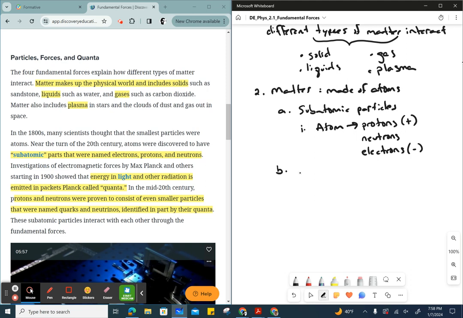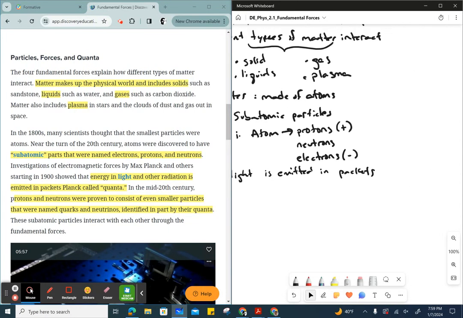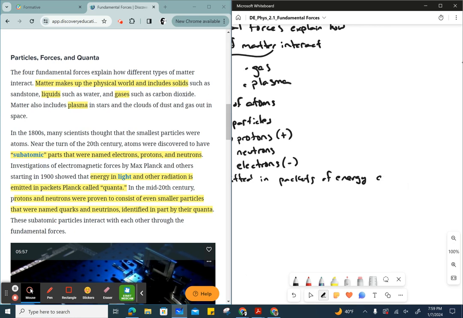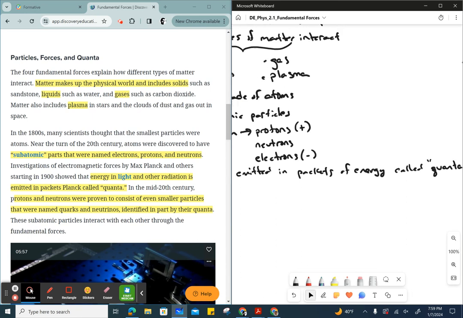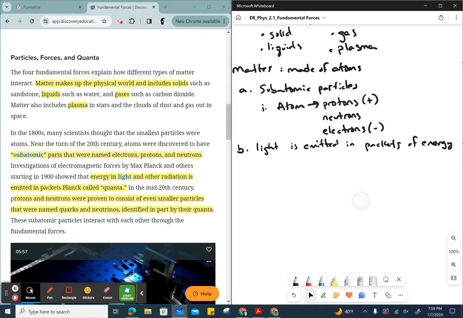So light is emitted in packets of energy called quanta. And that's where we get into this idea of quantum physics or quantum mechanics, okay?